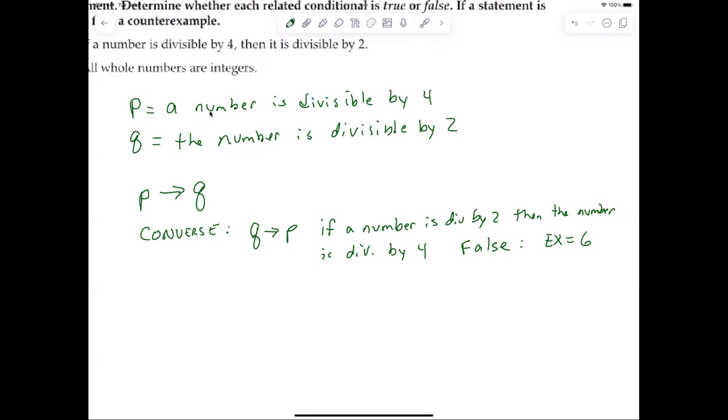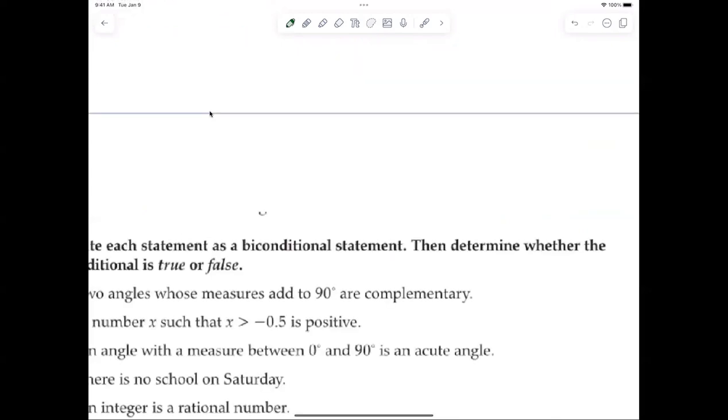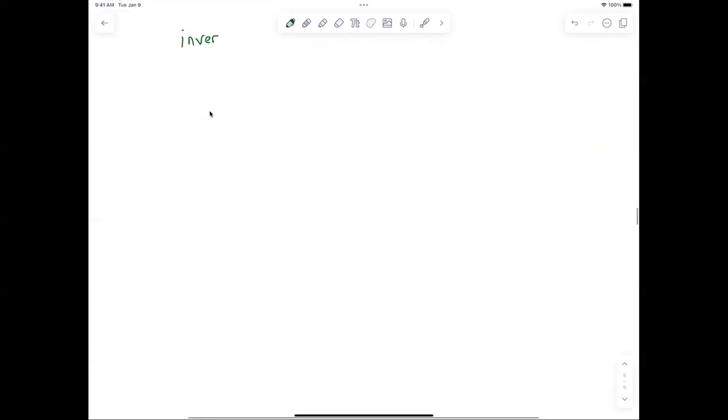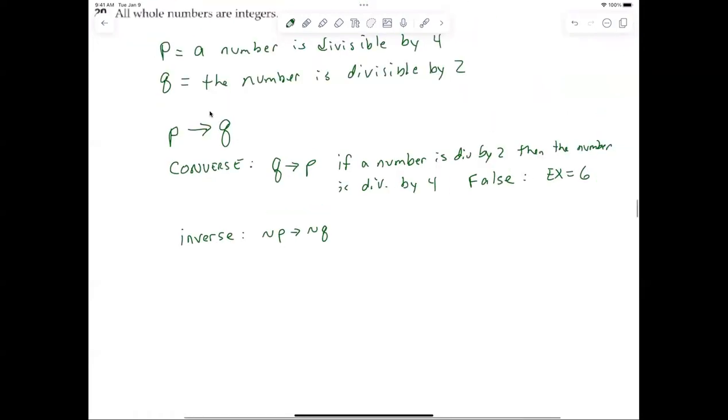Now we want to talk about the inverse. The inverse is just the negation. So the inverse is: if not P, then not Q. If not P, then not Q. So if we want to write out the inverse, we would simply say what?